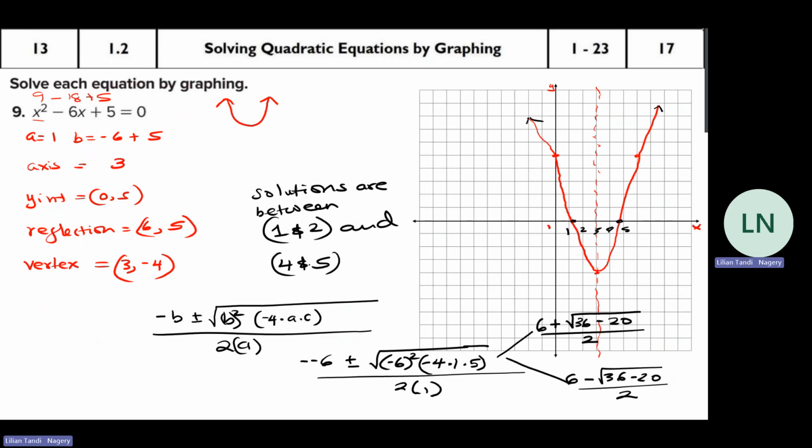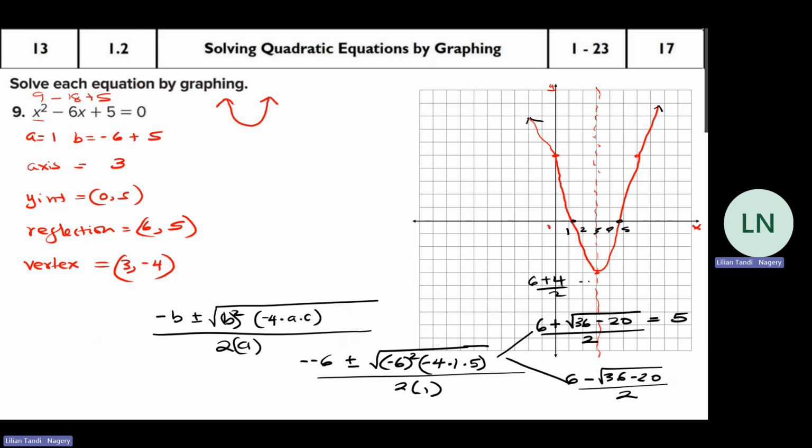Don't just solve. Use quadratic formula and check your answer. This should give you square root of 16, because 36 minus 20 is 16. Square root of 16 is 4. 6 plus 4 divided by 2 is 10 divided by 2, which gives you 5.